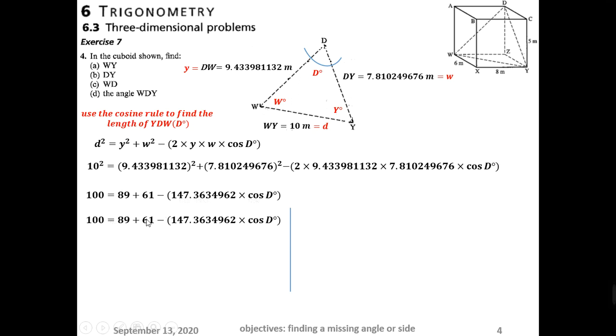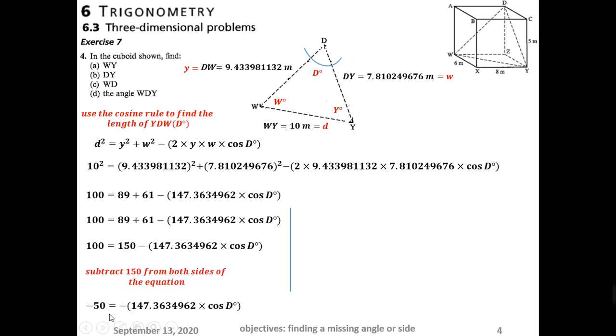Let's simplify further. 100, if we simplify it further here, 89 plus 61 is going to be 150. Let's solve the equation because we are trying to find D. So we keep what's inside the bracket. We're going to get rid of the 150 at first. So subtract 150 from both sides of the equation.